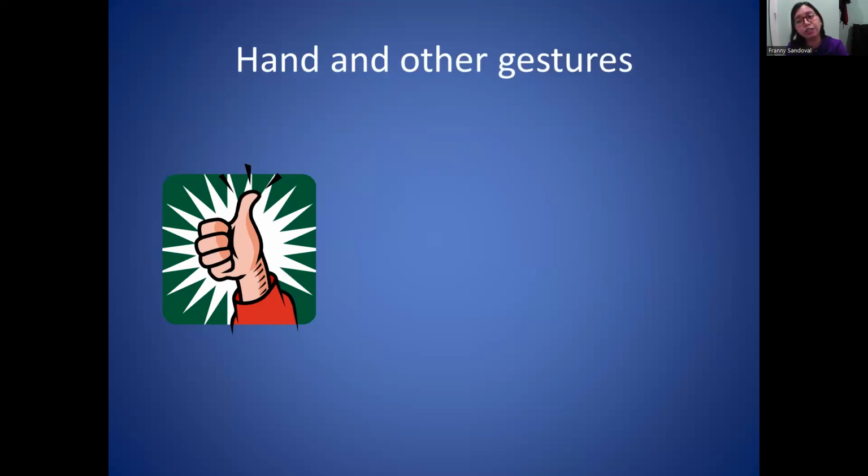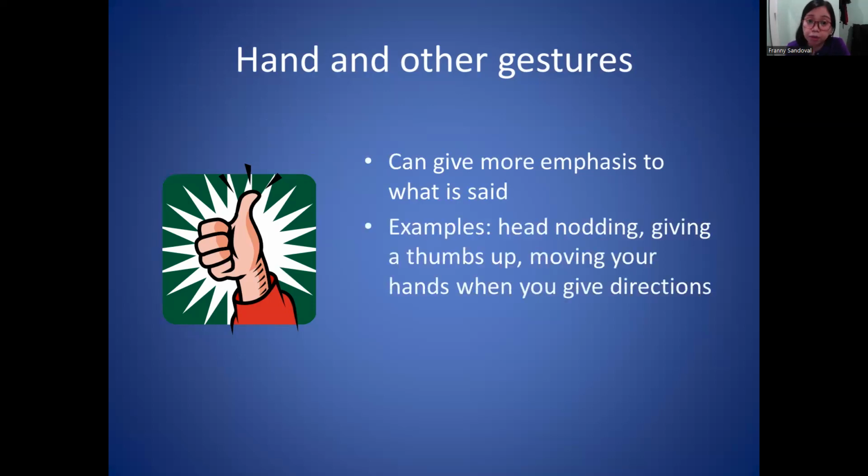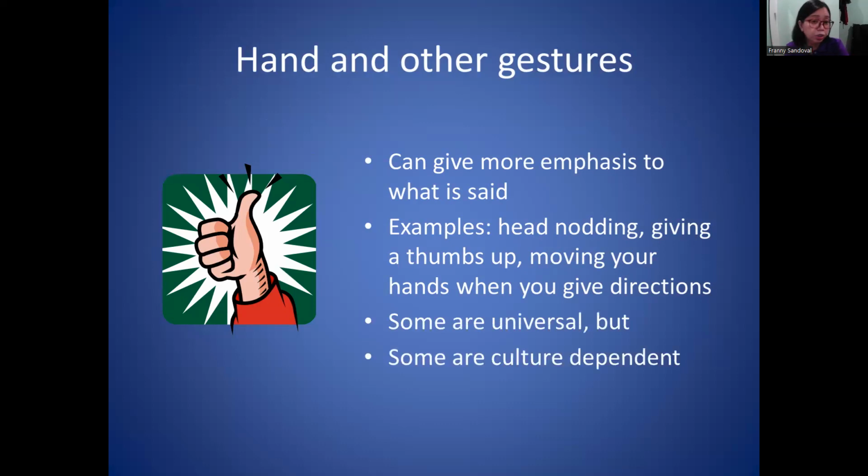Hand and other gestures. It can give more emphasis to what is said. Examples: head nodding, giving a thumbs up, moving your hands when you give directions. Some are universal, but some are culture dependent.